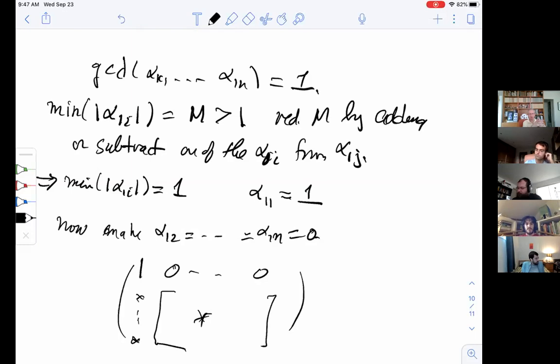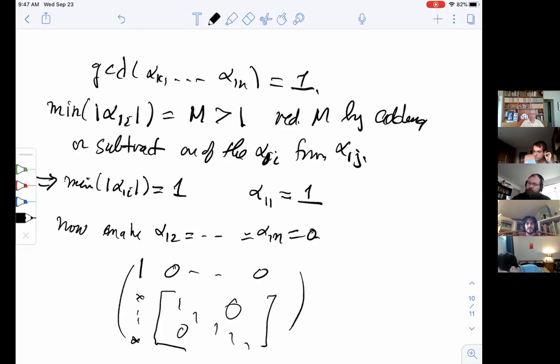So by induction, I can make that matrix, by column operations in columns 2 through n, the identity matrix. And because these entries up here are all zeros, those column operations don't do anything to the first row.